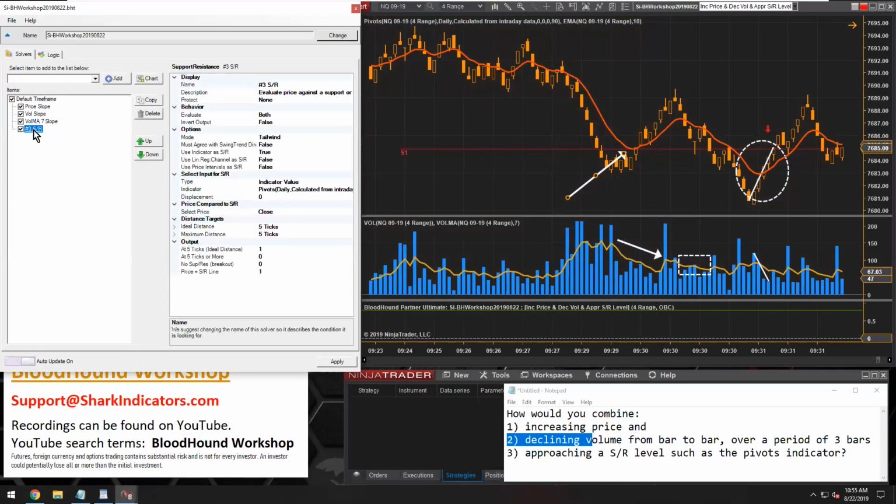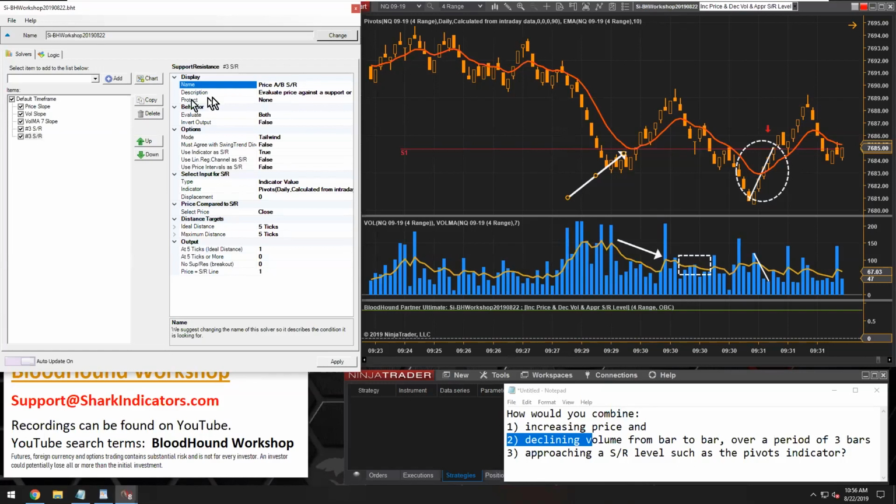Instead of building a brand new support resistance solver from scratch, I can save a little bit of time. I'm going to take the support resistance solver that I've already built, make a copy of it, and name this here. I'm going to use this to determine whether price has been above or below the support resistance for several bars.